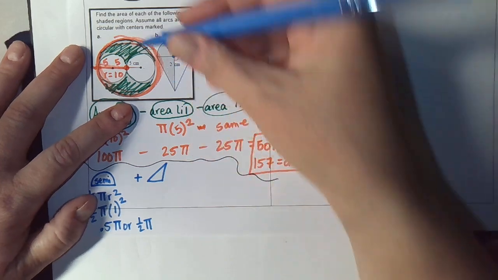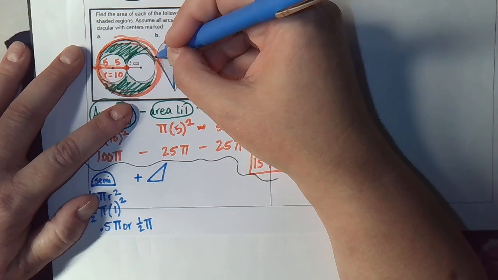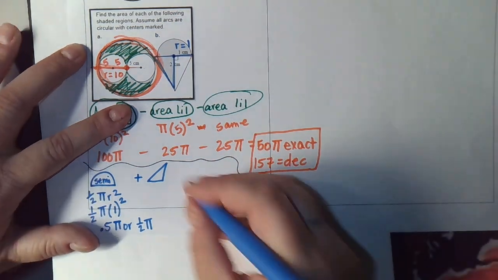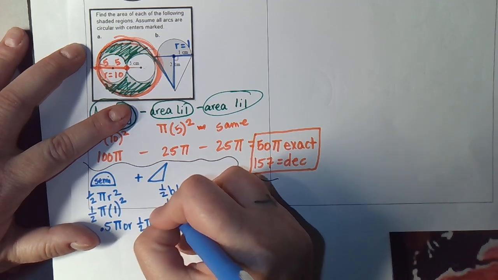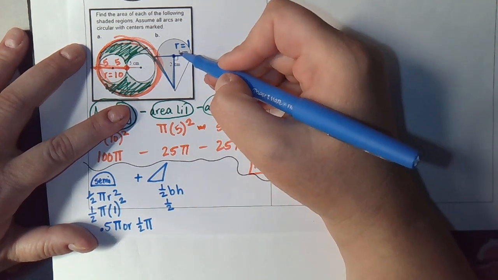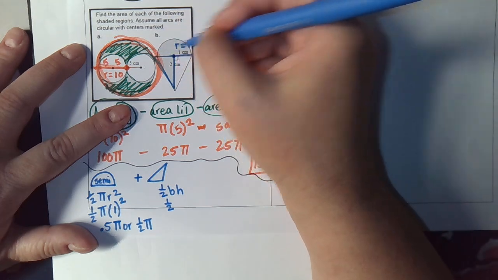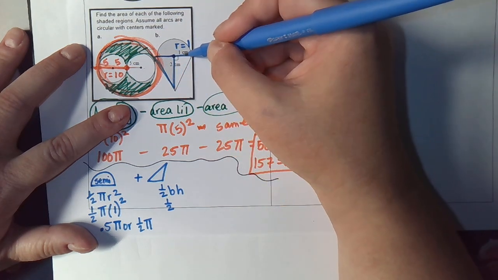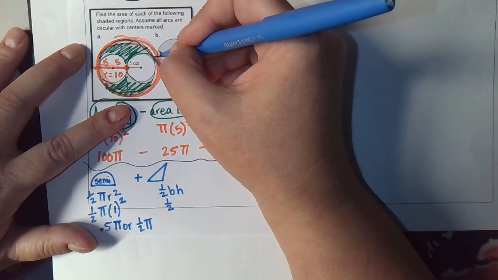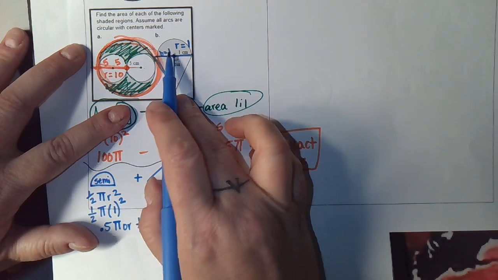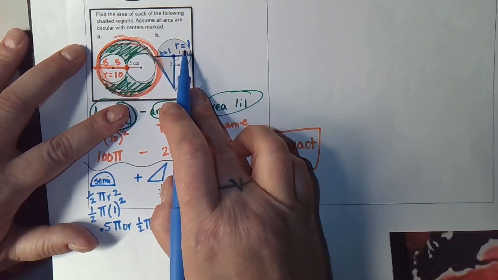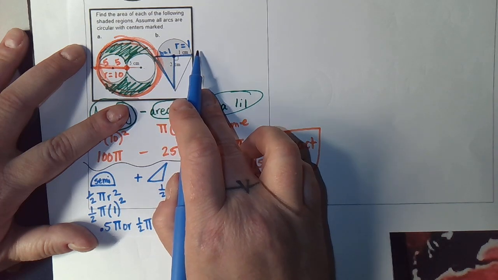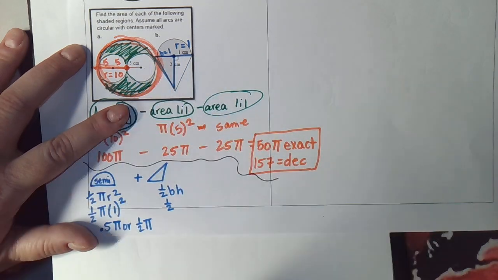To find the area of this gray triangle, we're going to do 1/2 base times height. The base is the same base as this other side. It's still 1, because if this is a semicircle and one of the radius is 1, to the left is 1 also.